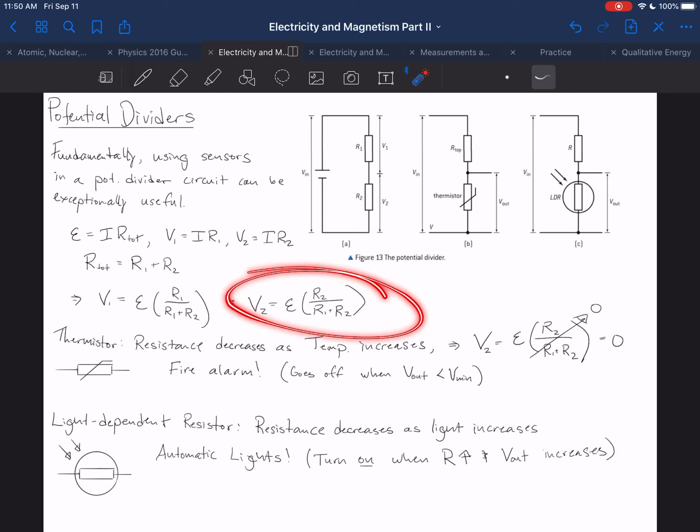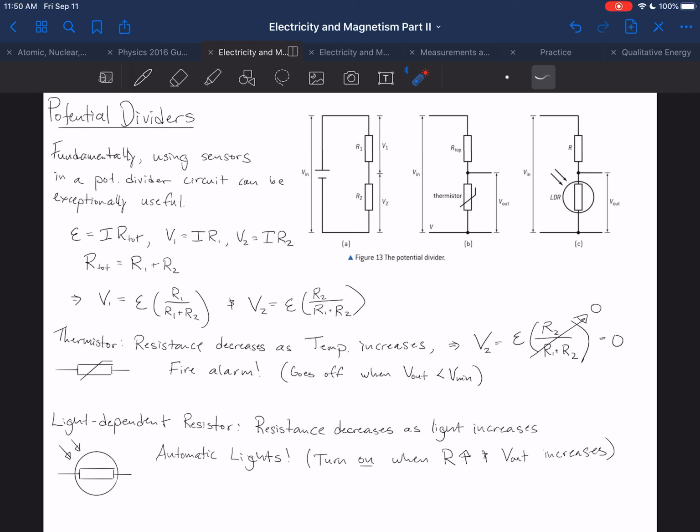And the potential difference across R2, V2, is the EMF times R2 divided by R1 plus R2. Big picture, right? The idea is V2 ends up being the potential difference in proportion to the ratio of the resistances of these two resistors.